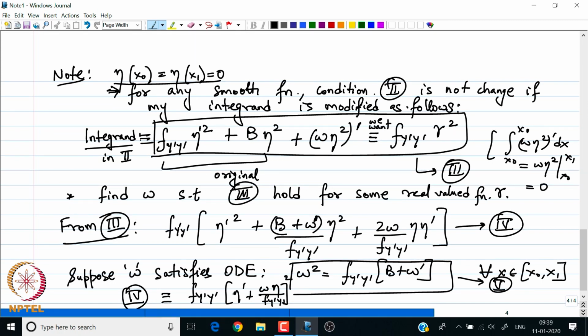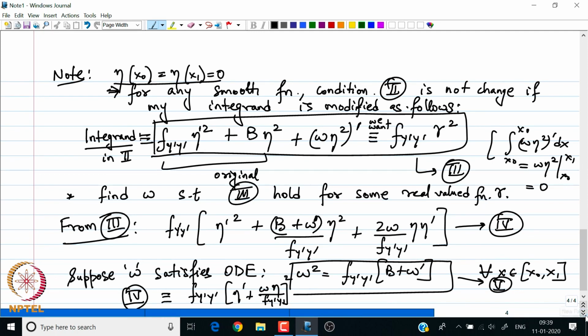If I were to find an omega such that omega satisfies this ordinary differential equation, which is a first order non-linear equation, then I am guaranteed that I can get a gamma such that I can reduce the quantity inside the bracket, given by 4, into a perfect square, right.